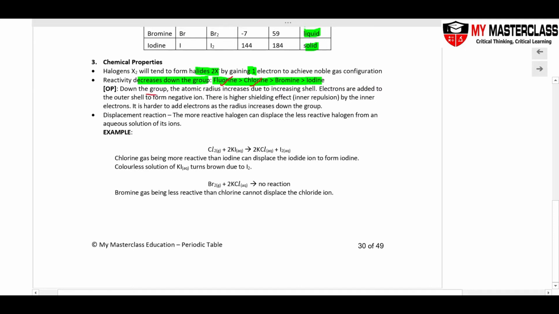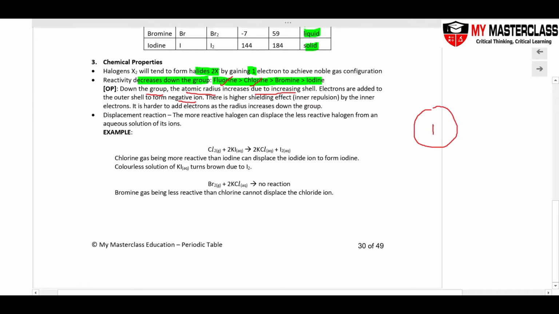Right, so same thing, down the group. Radius increases, size increases due to increasing shells. So electrons are added to the outer shell to form negative ions. So group 7, they are non-metals, they will form negative ions. So I am trying to add electrons.